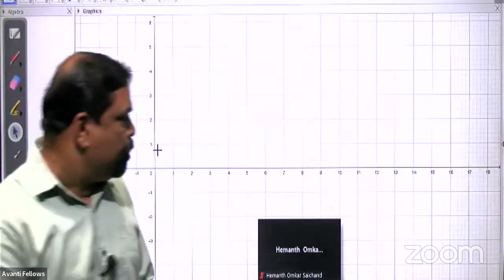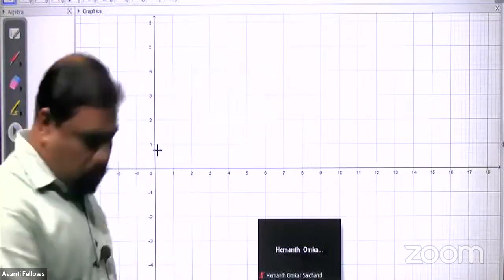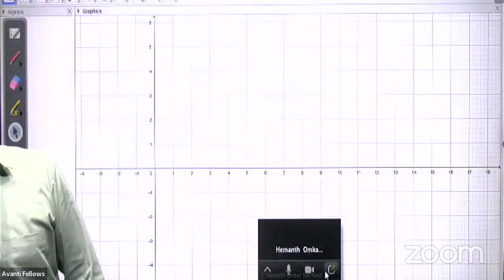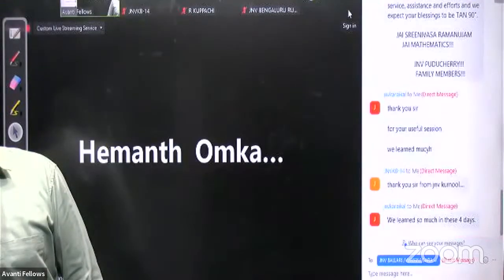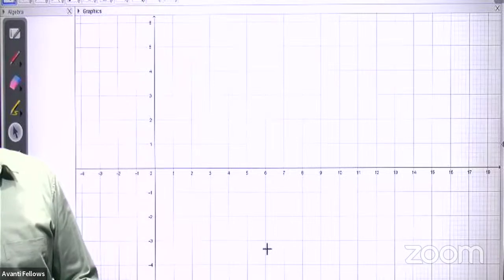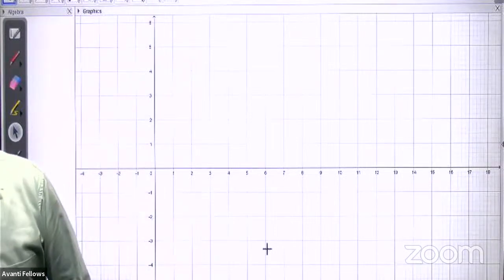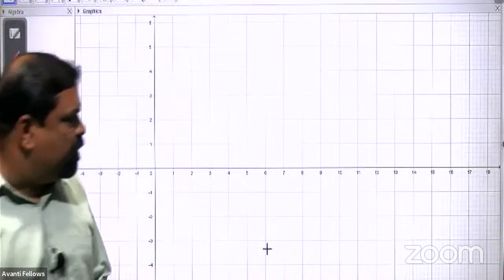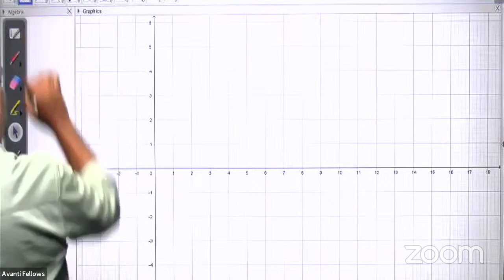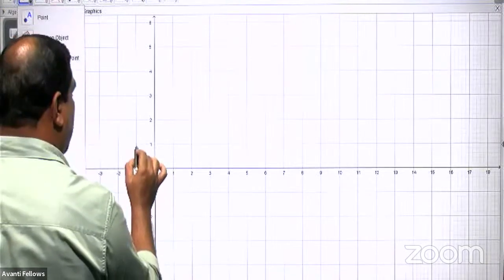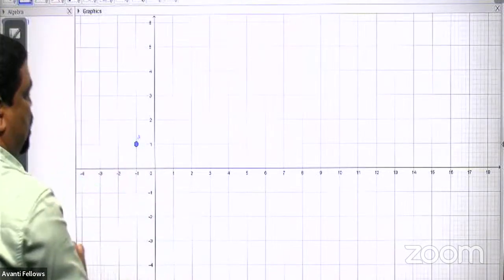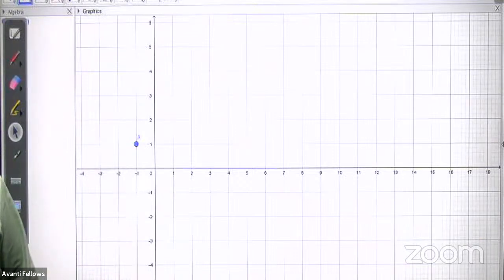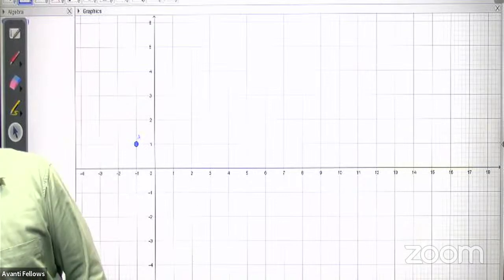Okay, let me plot the 3 given points. (-1, 1) is here, the first point. The next point is (0, 5), isn't it?